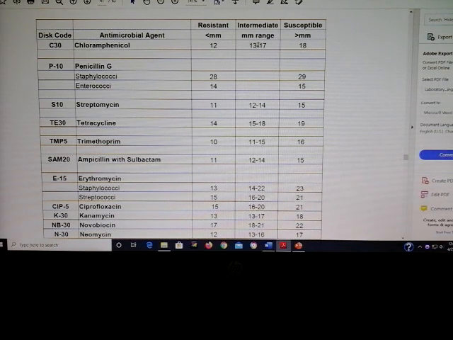If it falls within the intermediate range here, and each one, if you take a look, has a different range, that means that the antibiotic has some effect, but that the bacteria may become resistant to it. So only use that as a last resort. And if you measure in the susceptible range, this number or larger, that means that your bacteria is susceptible to that antibiotic, so you may use it to treat your patient.